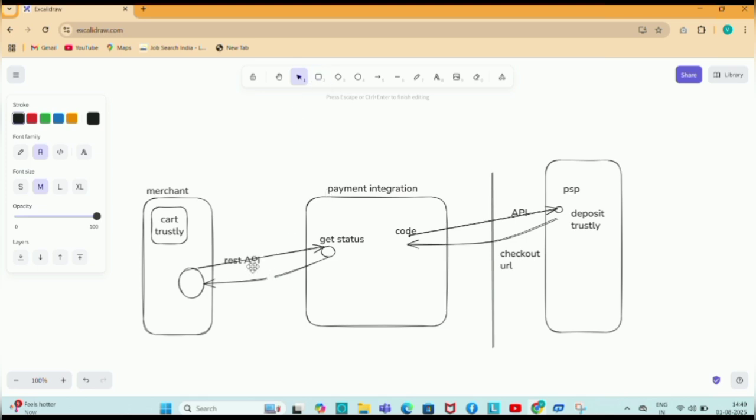So the checkout page redirects the cart to the checkout URL. So Trustly gives back the checkout URL.